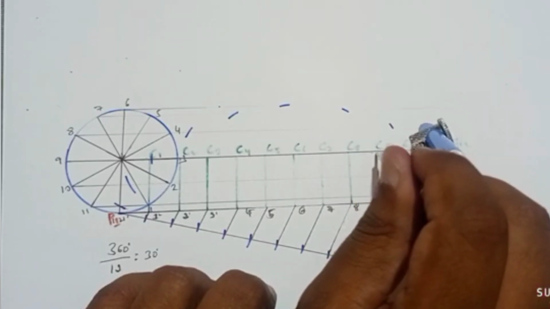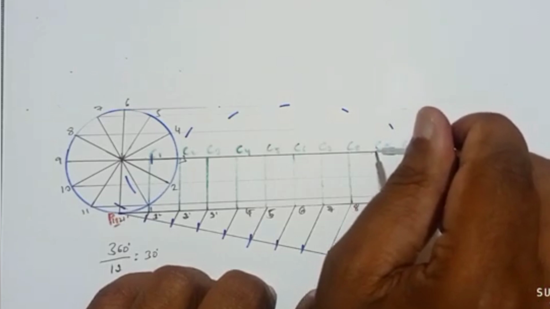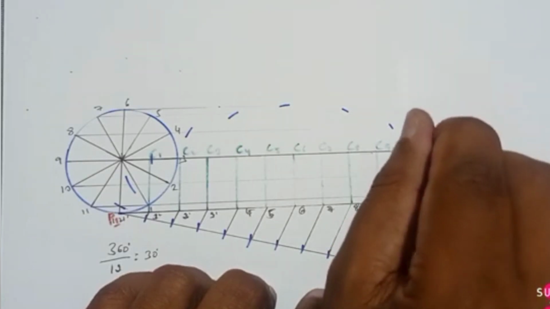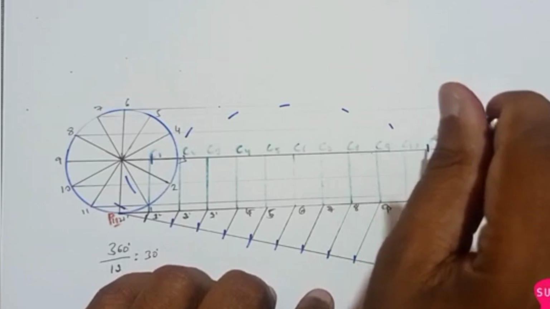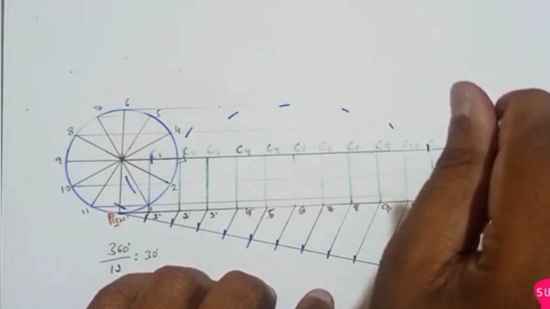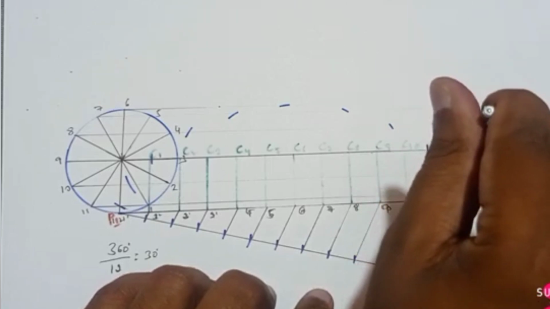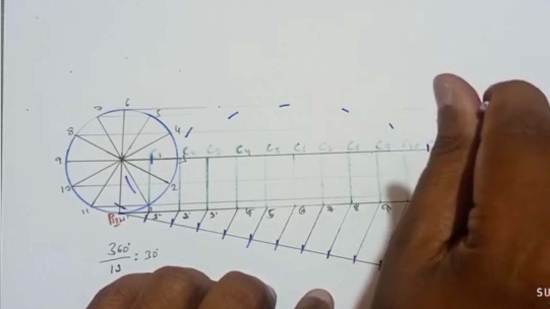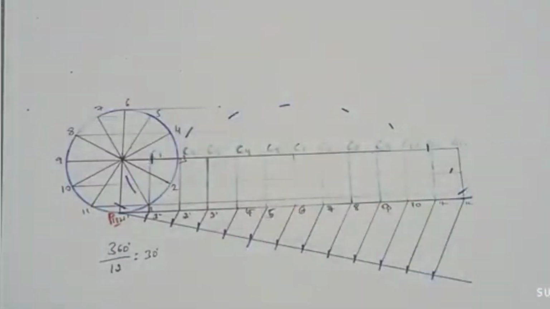And then C9 will be here, C10 exactly here, and then C11 we got it here, and finally we have C12.